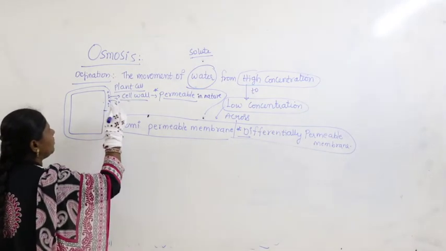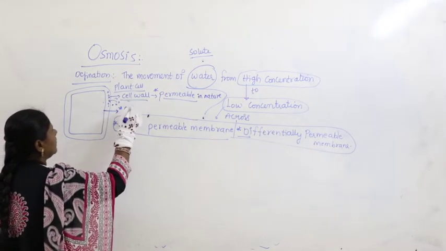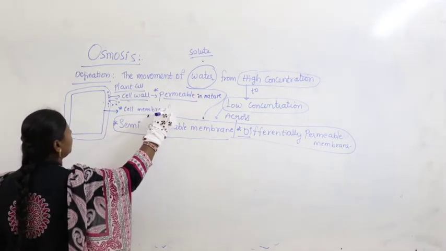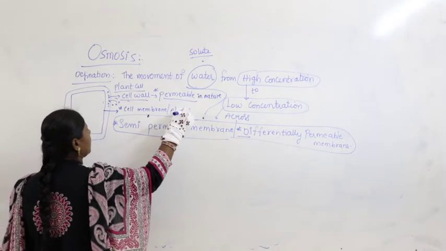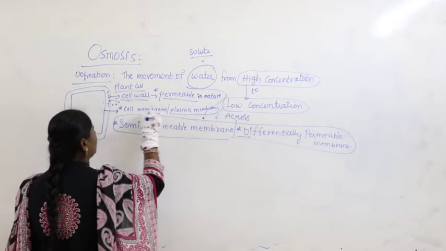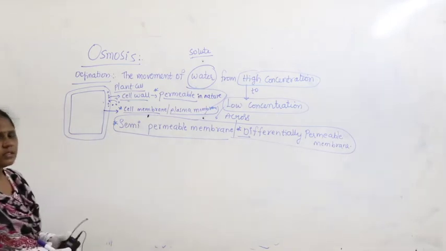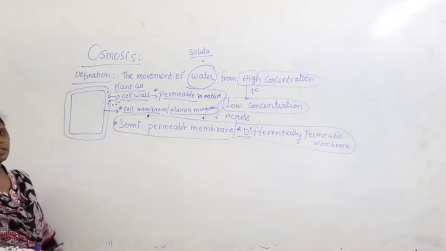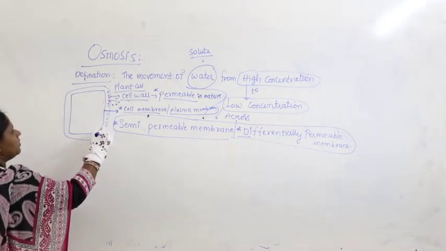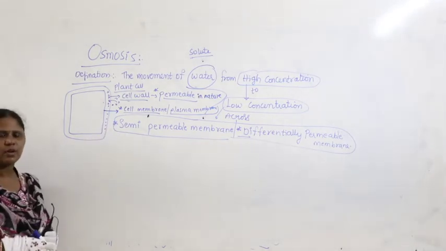Inside the cell wall, what you find is called the cell membrane, or you call it plasma membrane. All molecules, whatever they got here, do you think everything is allowed inside the cell membrane?